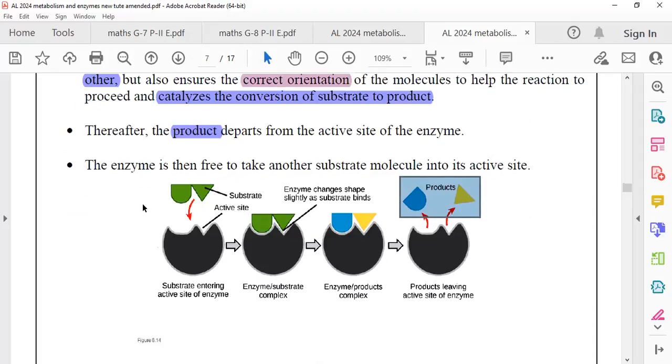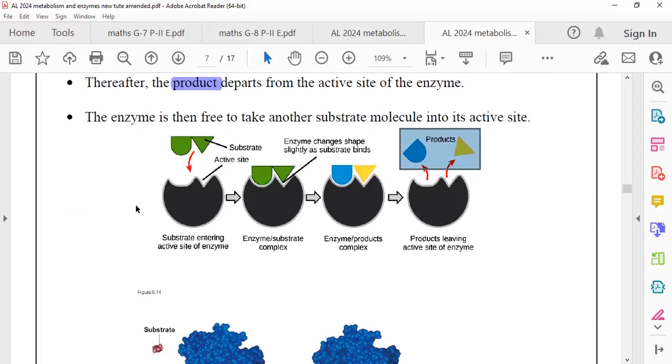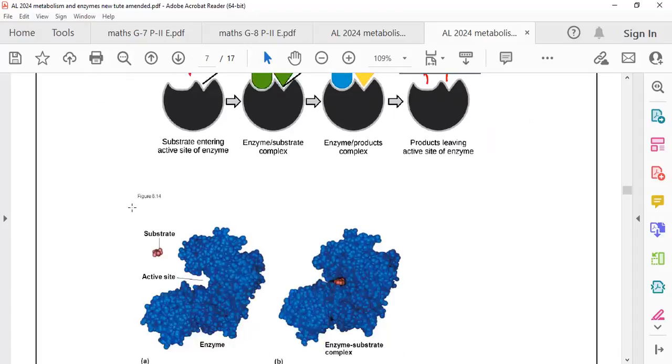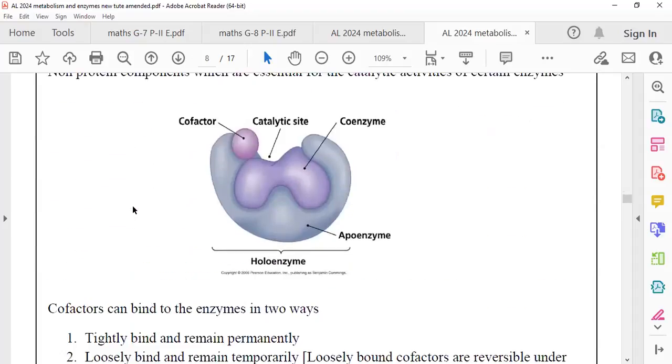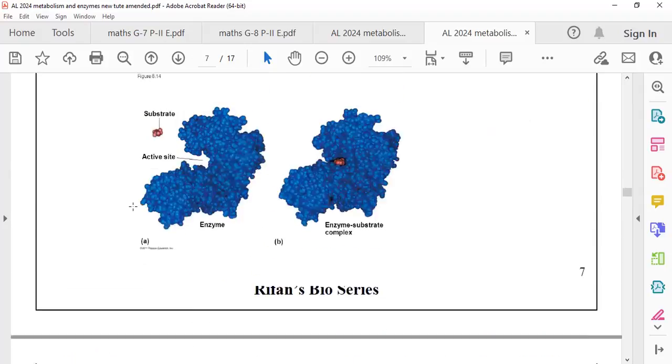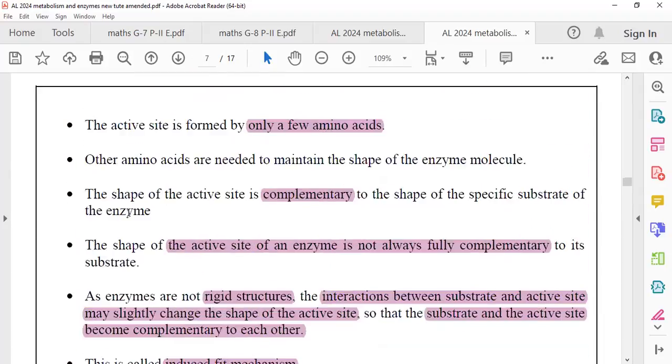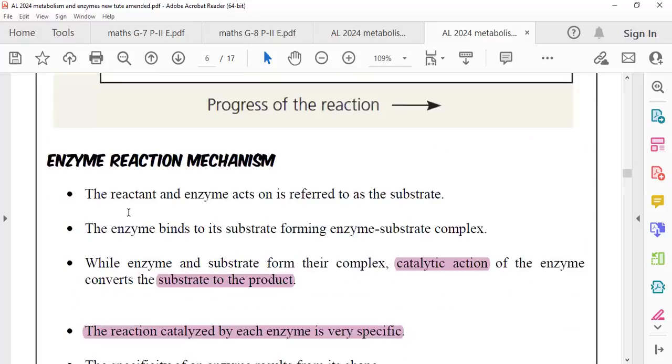The normalized active site will again attack a new substrate. Understood? Yes, sir. Are you clear? Yes, sir.